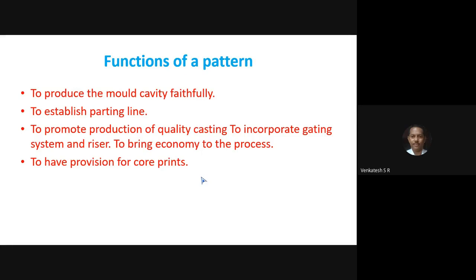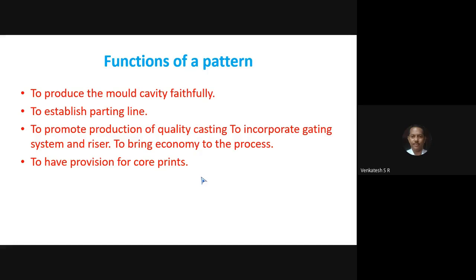Functions means what are the work carried out by the pattern. Say the pattern is the replica or positive replica of the casting, which is a little bit larger than the casting required.